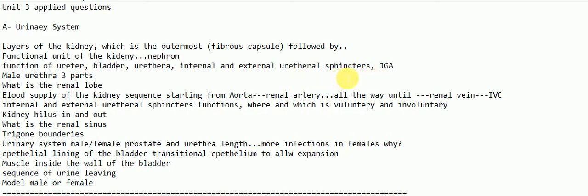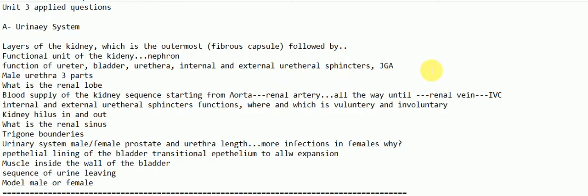The internal is the one at the very beginning of the urethra, the very first part just emerging out of the bladder, surrounded by part of the detrusor muscle of the bladder. This part surrounding the start of the urethra is called internal, and the other one is called external, which is located within the urogenital diaphragm.